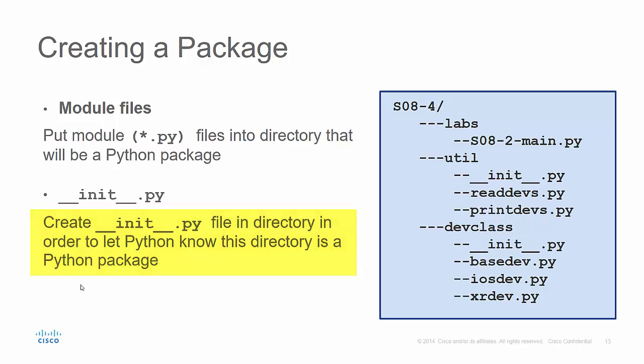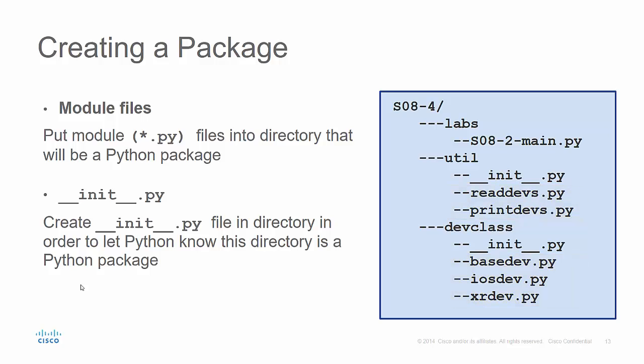So as you can see on the right, our folder S08-4 has subdirectories called labs, util, and dev class. And we have moved our modules for util and dev class into their appropriate folders. So we have readdevs and printdevs.py inside the util folder, and we have basedev, iosdev, and xrdev inside the dev class folder.